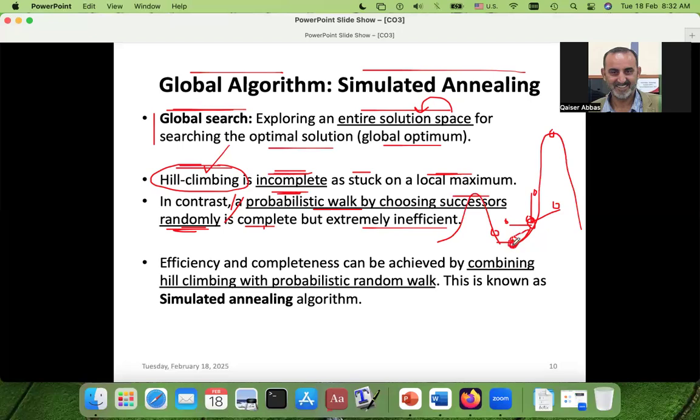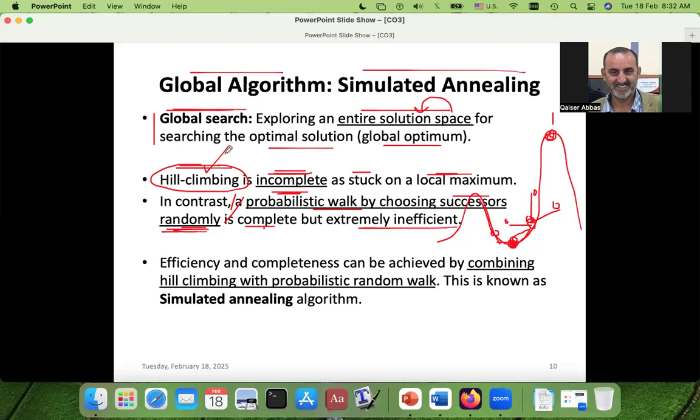I can also select this state, which is in the downward direction. And in this way, you will move on to this hill. You will not go on to this hill, which has the global maximum. So that's why the algorithm will waste time. That's why it is said that it is extremely inefficient if you go by selecting the states randomly.